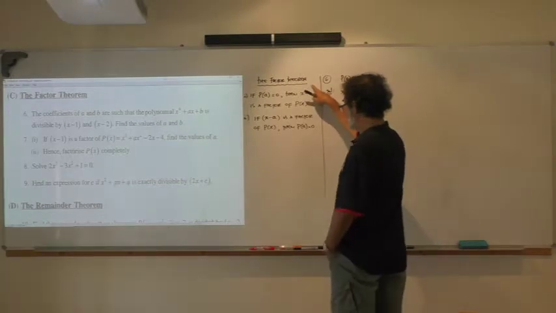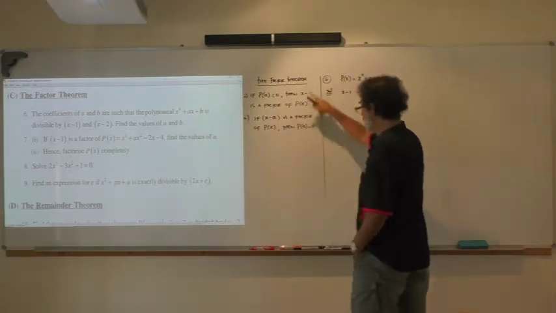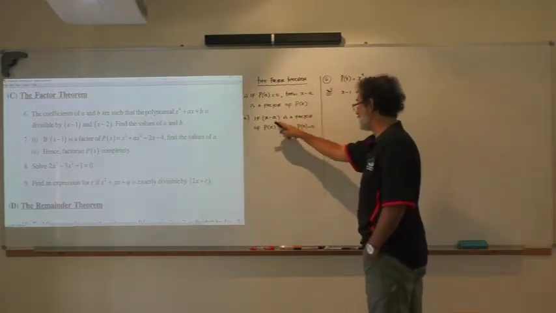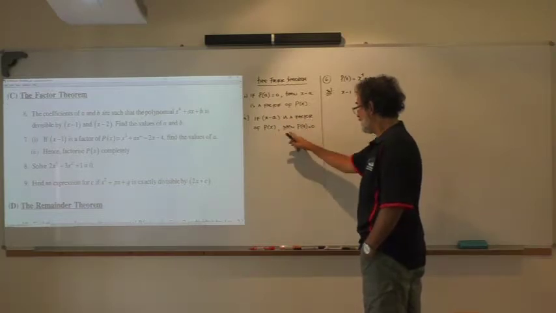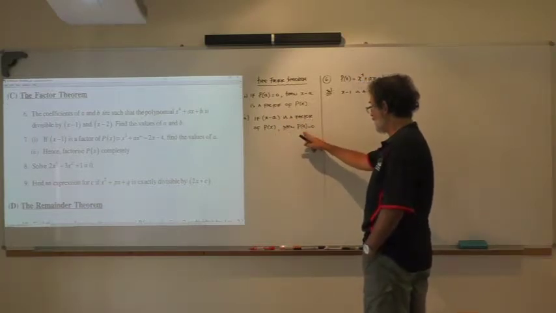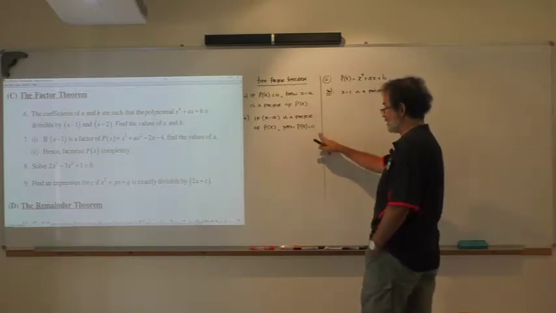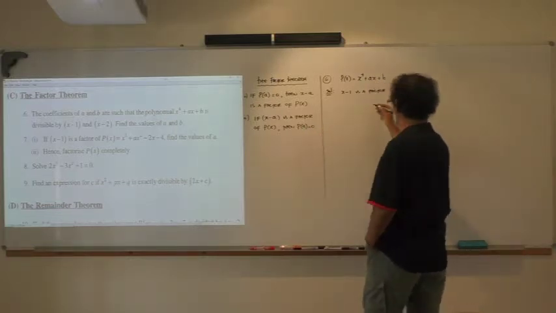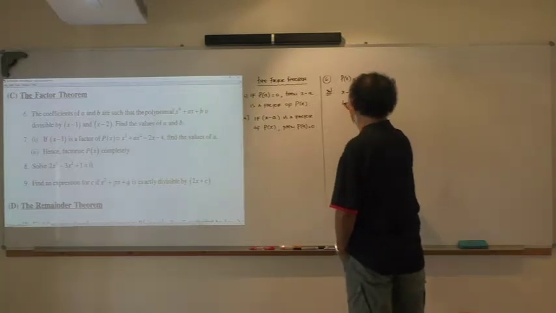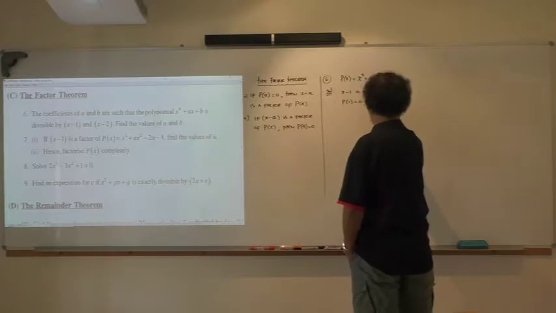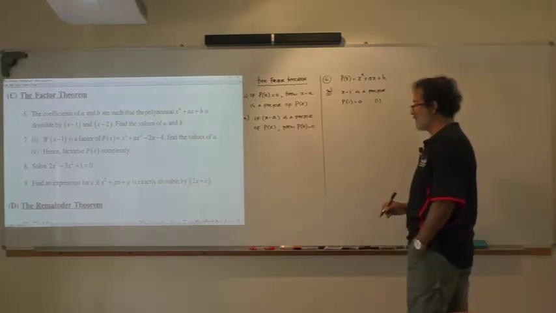And from the factor theorem, if x minus a is a factor, then we can say that p at a is equal to 0. So following this true statement, therefore, p at 1 is equal to 0. That will give me the first equation that I need.